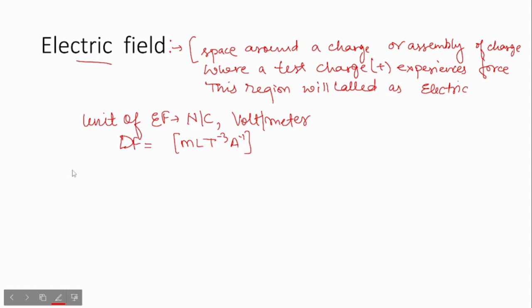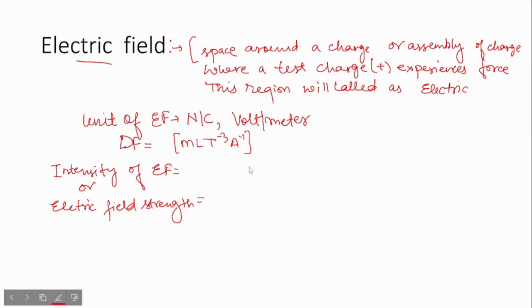Now we are going to see something I will be using in questions: intensity of electric field, or you can say electric field strength as well. These two terms are the same.